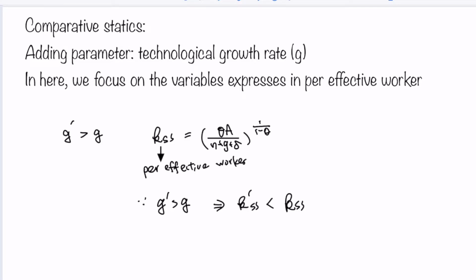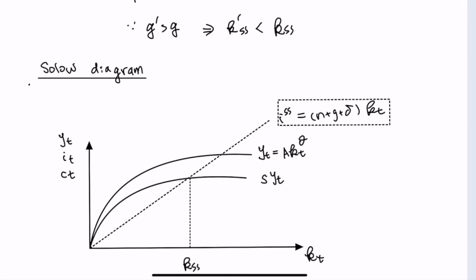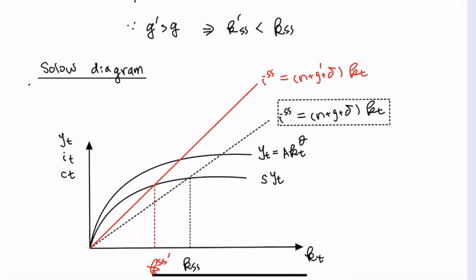In other words, the output in the steady state in terms of per effective worker becomes lower when the g is higher. If we look at this from the Solow diagram, if the g increases, the slope of the steady state condition will become steeper, and then we are going to have a new capital star in the steady state, which is lower.